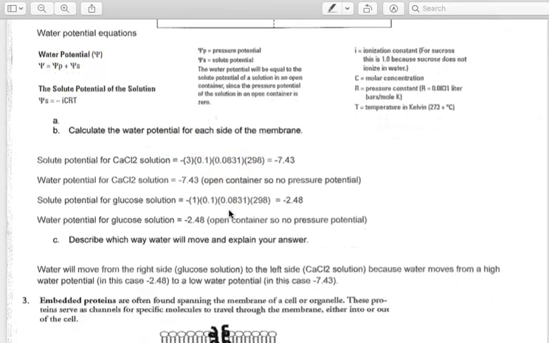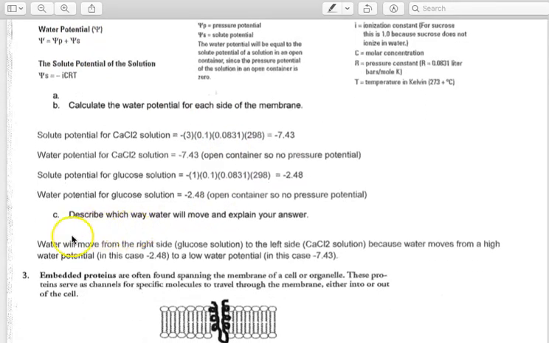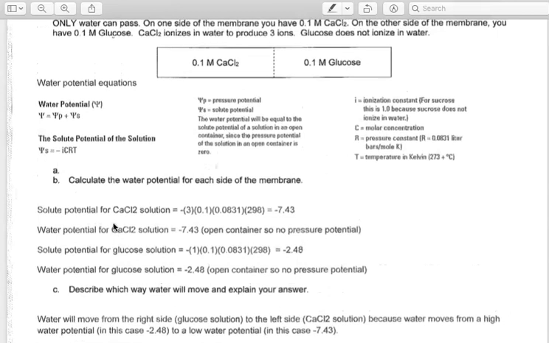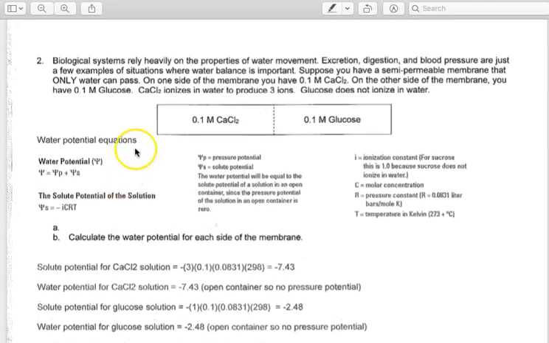So what I wanted to show you, remember always that water will move from an area of higher water potential to an area of lower water potential. Okay, always remember that. But one thing that you can always use to understand water potential is that since water potential has to do with solute potential, if a solution has a lot of solutes, that means that it has a lower water potential.